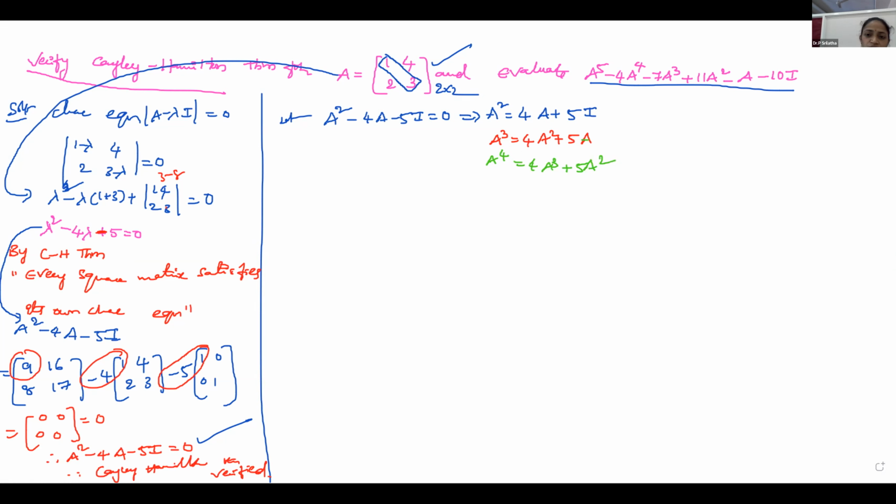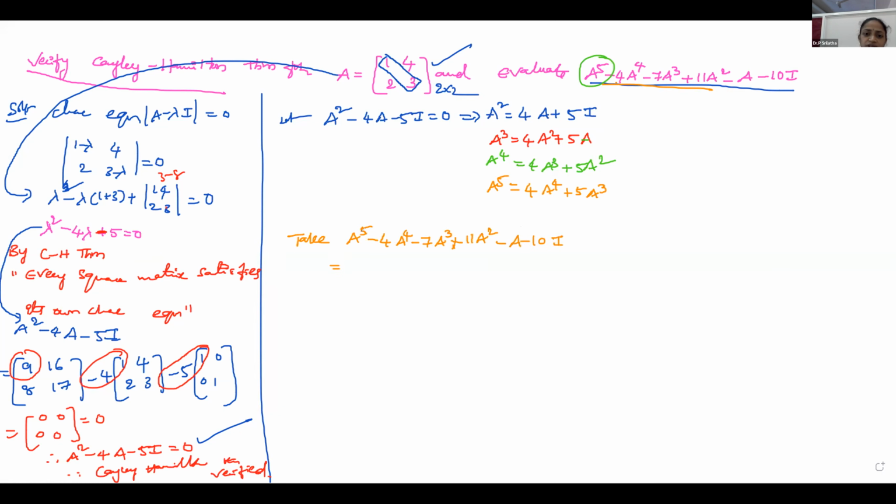Okay. Now we need to find A power 5. Our next step is A power 5 equal to 4A power 4 plus 5A cube. Now substitute all these values in the given polynomial, that is A power 5 minus 4A power 4 minus 7A cube plus 11A square minus A minus 10I.